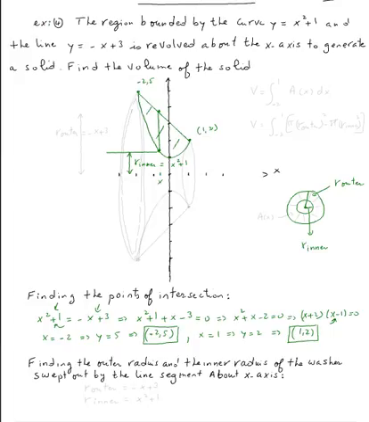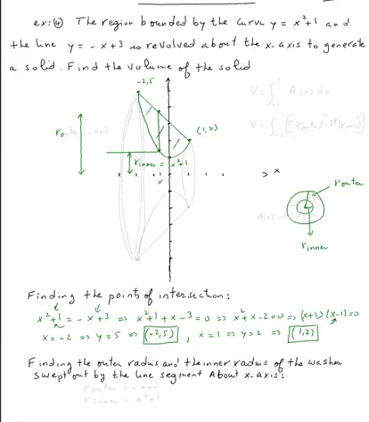I'm drawing a horizontal line just to show you. So R outer goes from here to here, from the x-axis to the line y equals negative x plus 3.